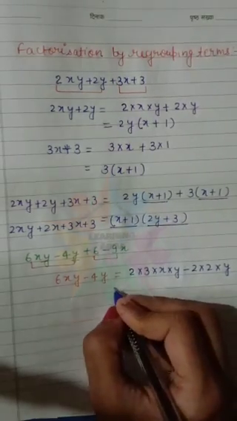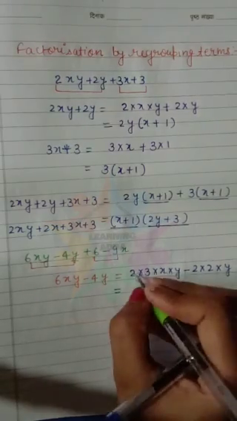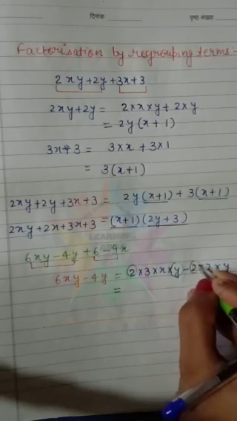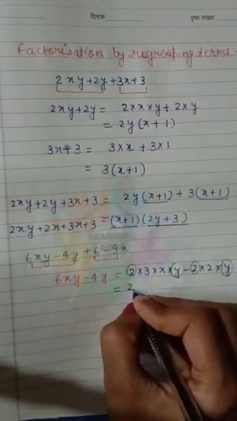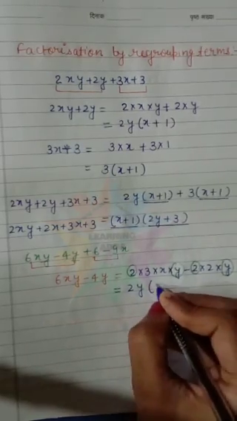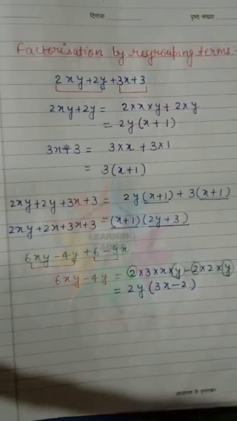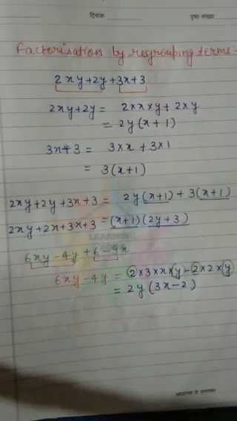So we see that 2 into y is common in both terms. So we take common 2y, left 3x minus 2. Clear?